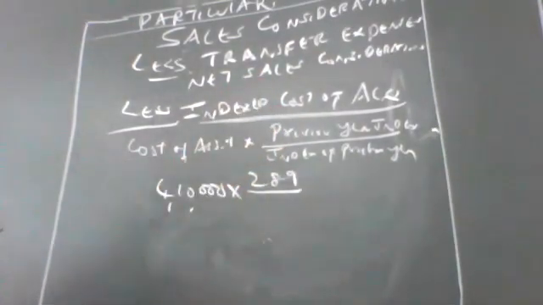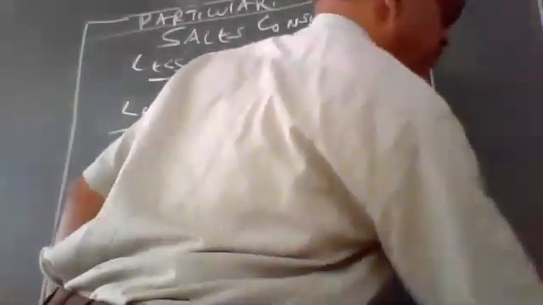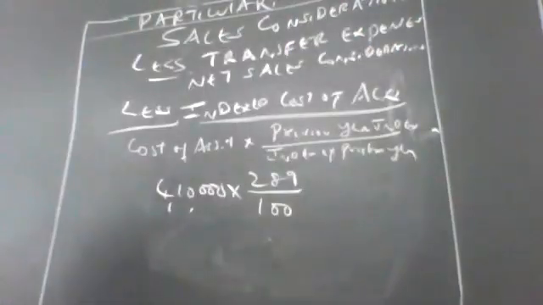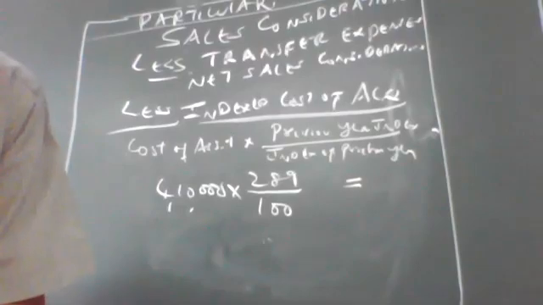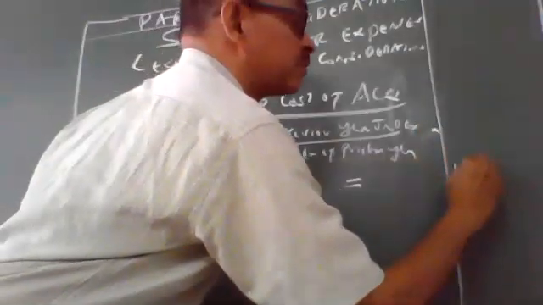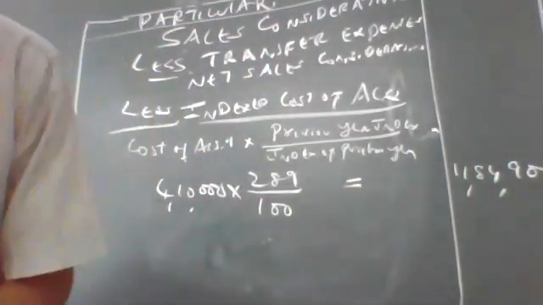What is the index of purchase here? 100. Very fine. How much did you get? 11 lakhs 84,900.